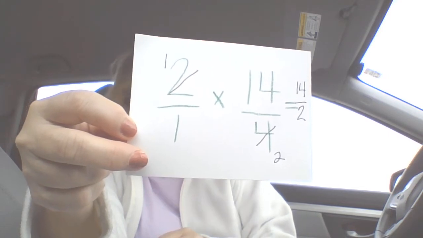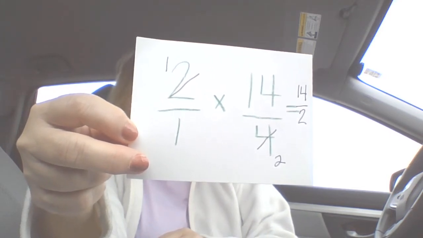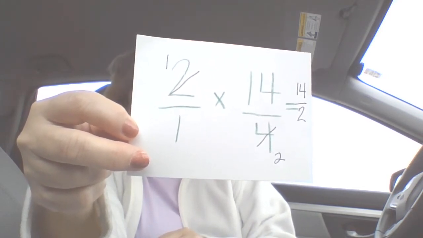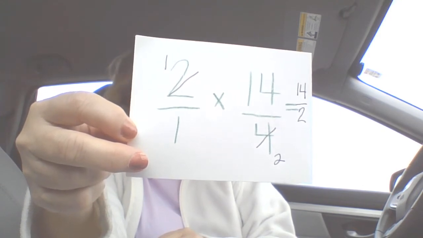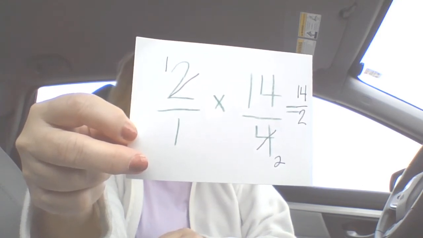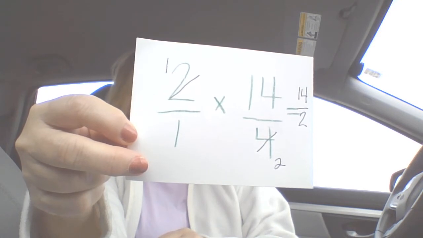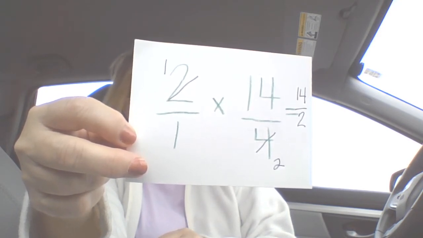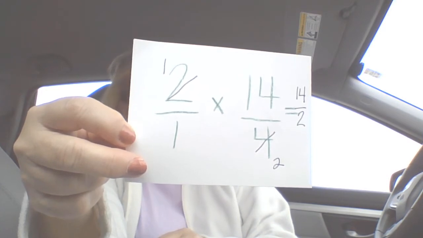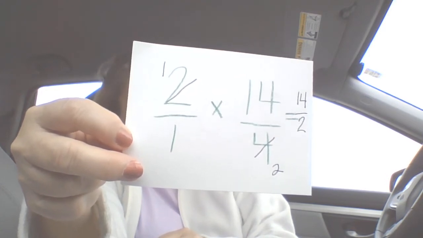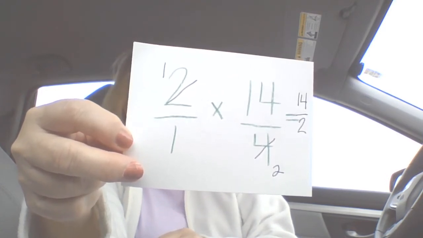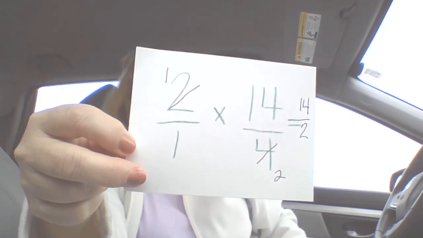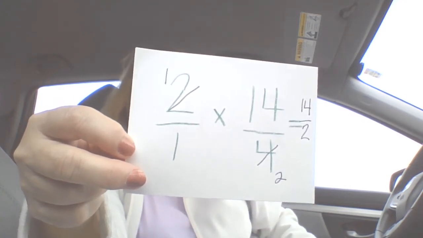So I'll say 1 times 14 is 14, and 1 times 2 is 2. Julianne, am I going to leave it 14 over 2? Can we leave it with the numerator being larger than the denominator? No, we can't do that. So we would say 14 divided by 2, and our answer would be 7. Good job.